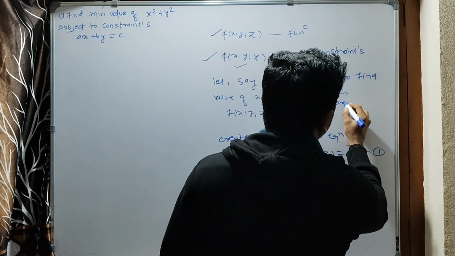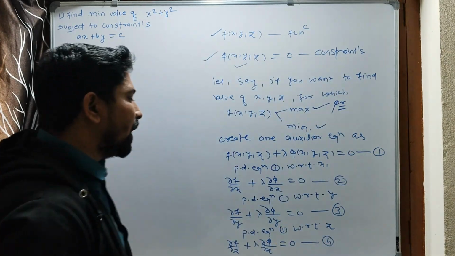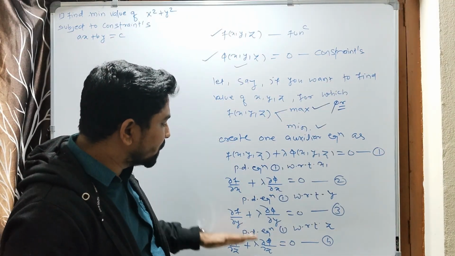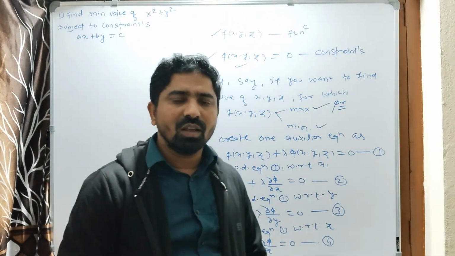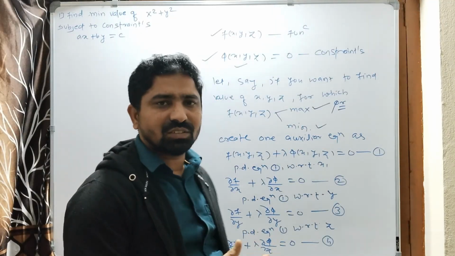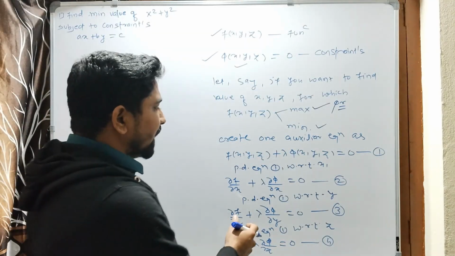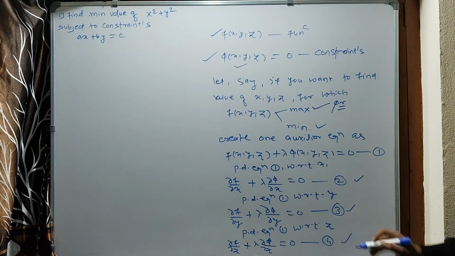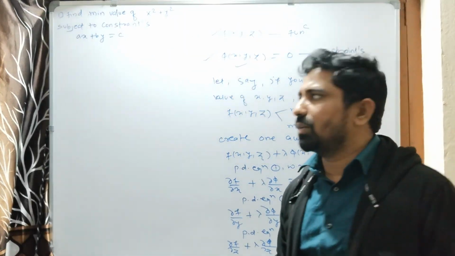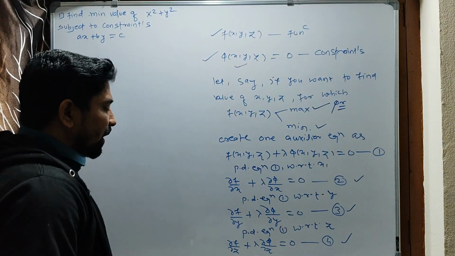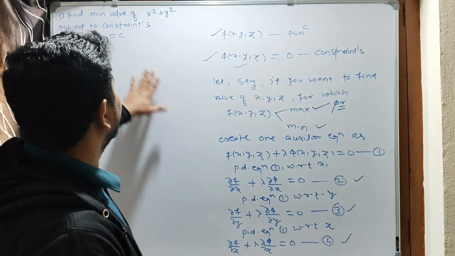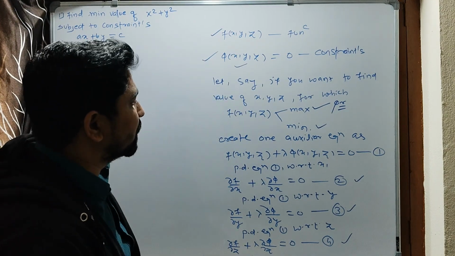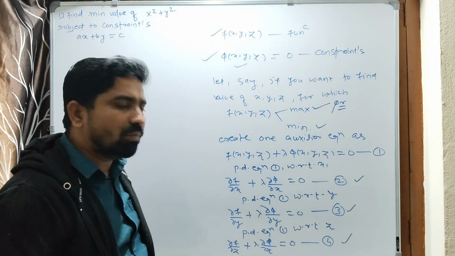This method of finding x, y, z is called Lagrange's multiplier method, and equations 2, 3, 4 are called Lagrange's equations. Now I will solve an example with the help of this Lagrange's multiplier method.